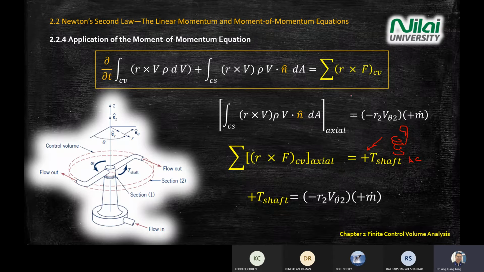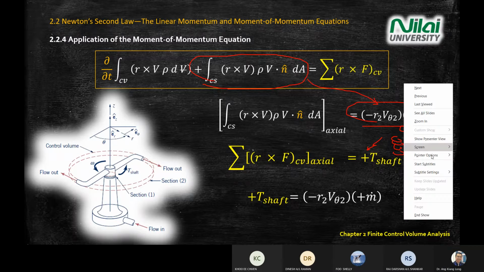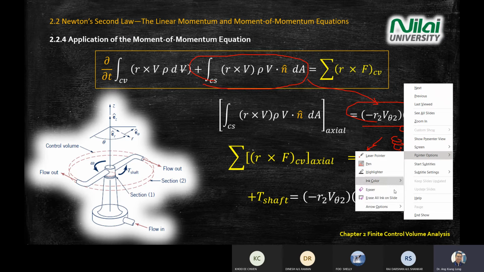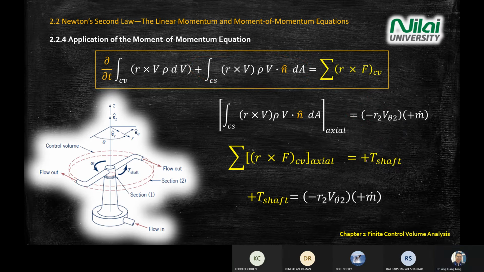All right, so we equate these two together, because this side just now we defined as this one, and we define the right hand side component as equal to T plus this one. So we equate the top to the bottom.